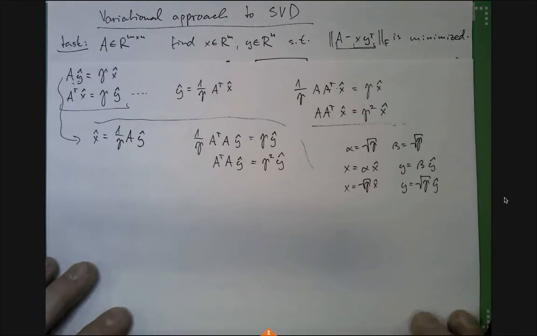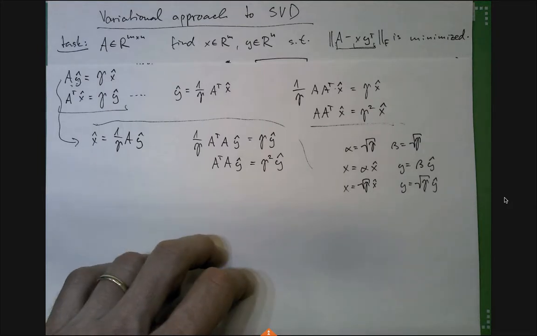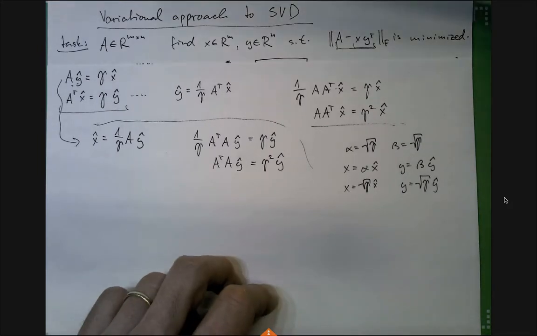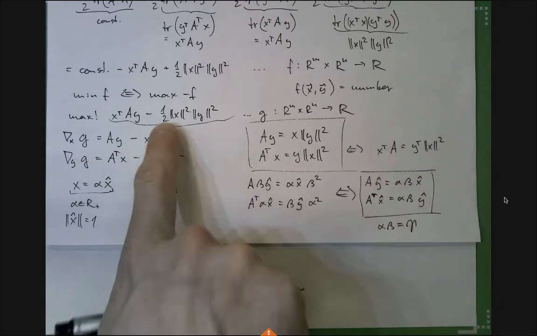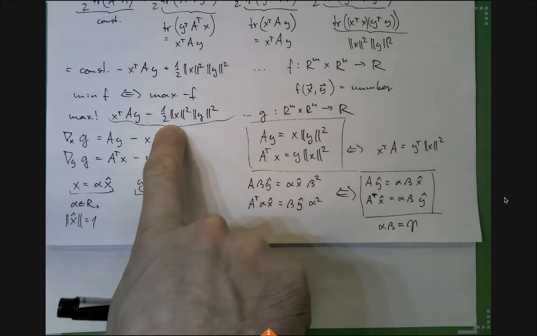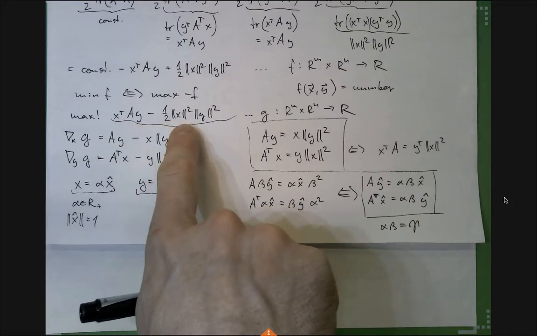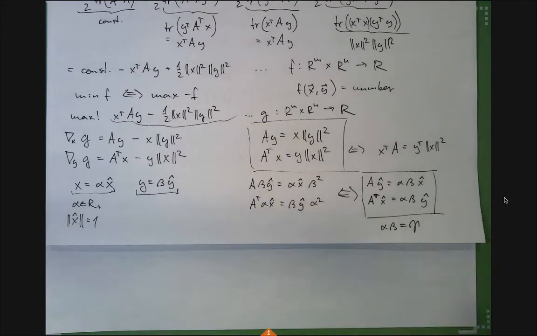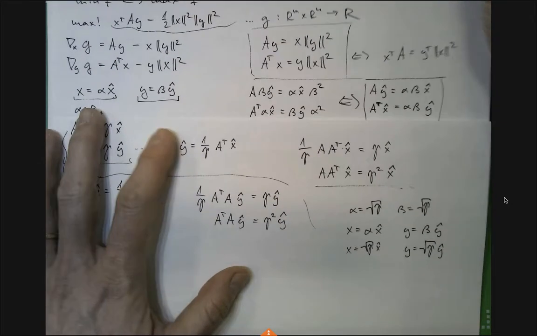So let's just try. After the reformulation, we reformulated the original optimization problem into maximizing x transpose A y minus 1/2 square norm of x and square norm of y. Let me see if I can arrange this so you can see everything.